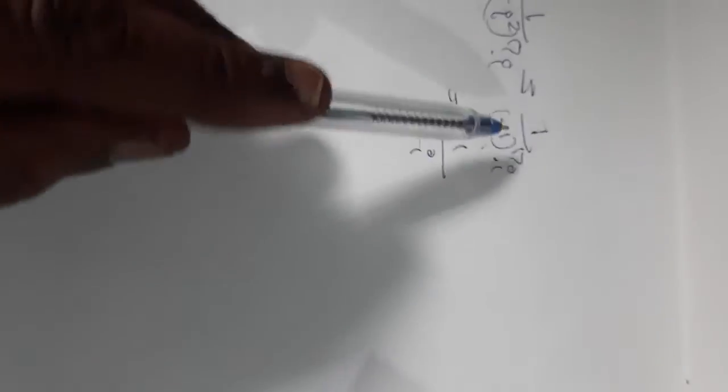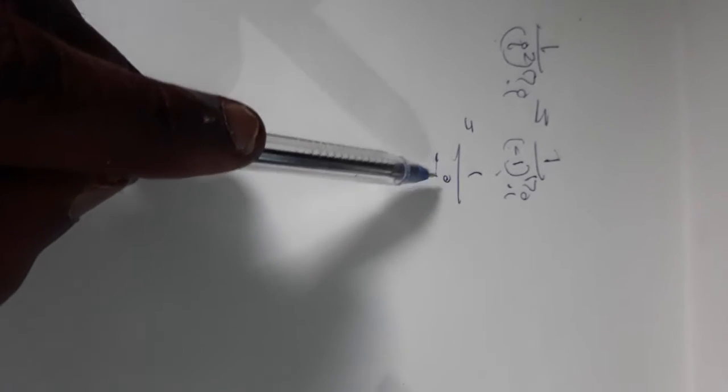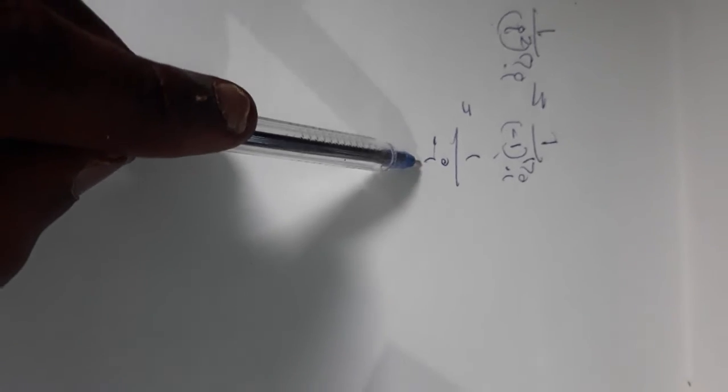So here you are getting 1 divided by i squared raised to 17 into i, which is equal to 1 divided by minus 1 raised to 17 into i, which is 1 divided by minus i, because minus 1 raised to 17 is minus 1, and minus 1 into i is minus i.